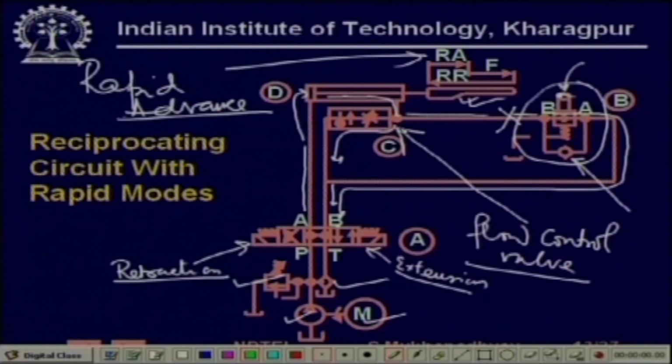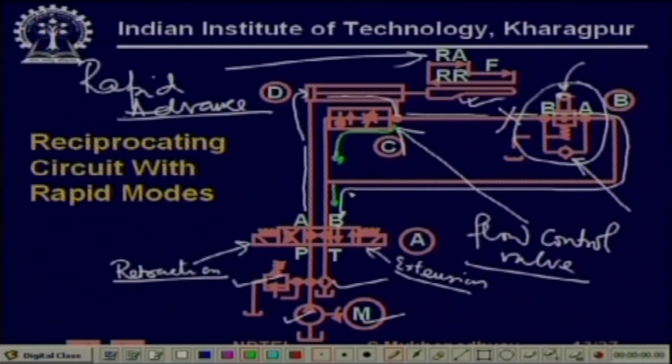During the forward stroke, the fluid is forced to flow along the green line, and since this is a flow control valve, only a certain amount of flow is possible, not more than that. So, the flow is controlled because we expect load here. Again, for power requirements we need to reduce speed, so we are doing that by using flow control.